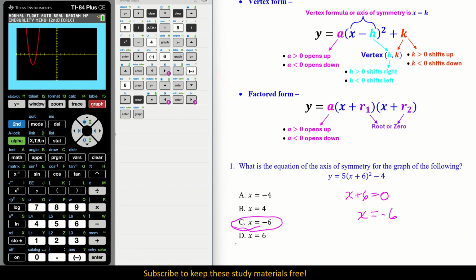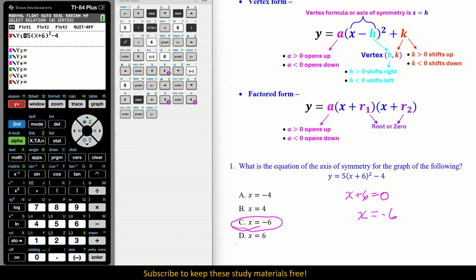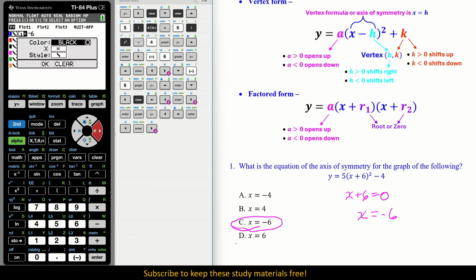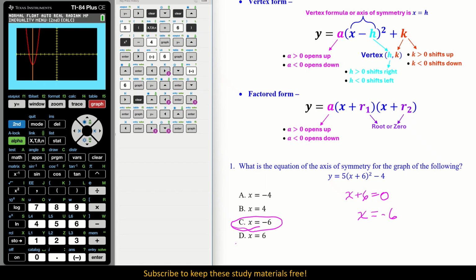Oh, I didn't actually change it, did I? I didn't push enter, did I? Let's go back, push enter. Gotta remember to enter these things. You gotta go all the way down to OK, then push OK. Now we're where we need to be, and push graph.